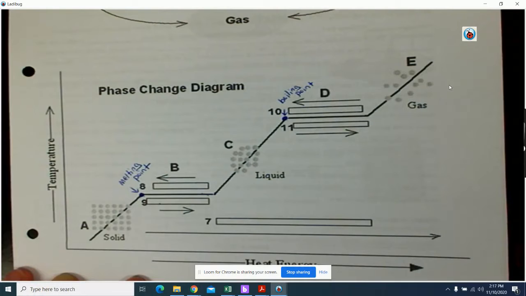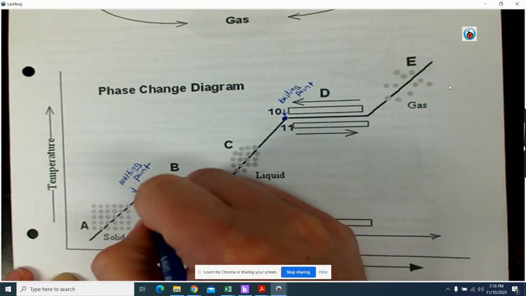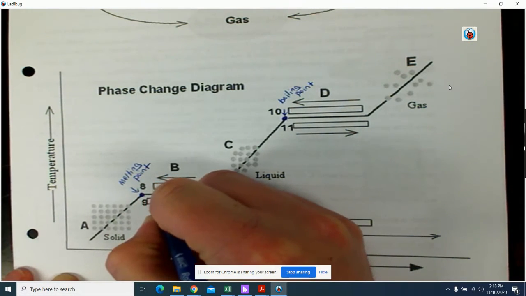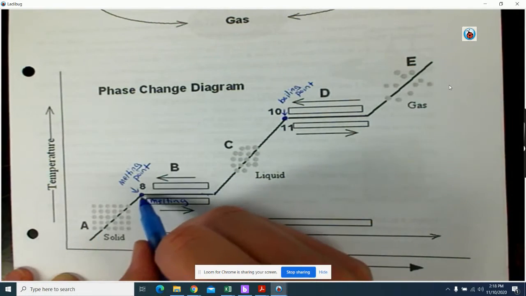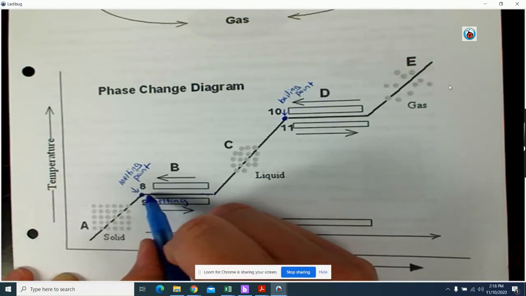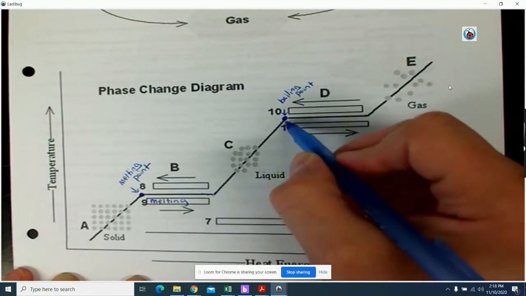So basically, along here, we're looking at your phase changes, but in graph form. Here, we're looking at melting. So our solid is a solid. It begins to melt, so it's melting right through here. It's a liquid.